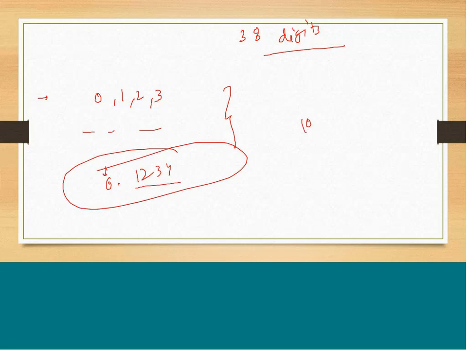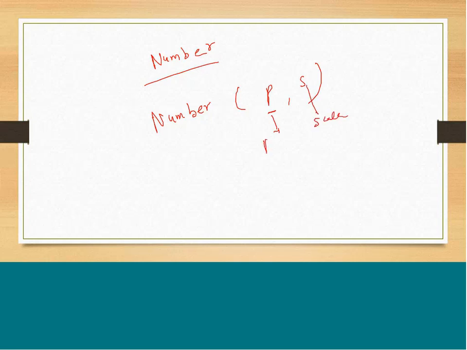How about this? Is it a valid value to be stored inside number? Up to 38, it should be. Correct. How about this? 1, 2, it is of course less than 38, so yes, it is a valid value.